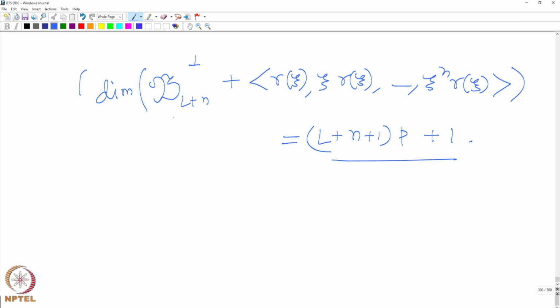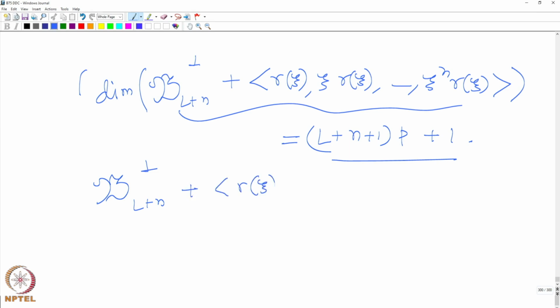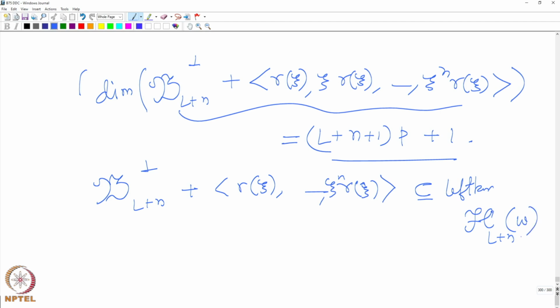Okay, but this vector space, B L plus N perp plus the span of R xi, dot dot dot up to xi to the n R xi, is contained in the left kernel of H L plus N W, right?